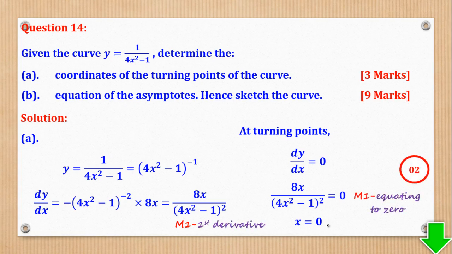Then we need the nature of the turning point, so we shall use the tabulation. L means a value on the left of this, R means a value on the right of this. So I can use -1 and +1, like that. My interest is the sign of dy/dx. When I use -1, I'll get a positive sign.